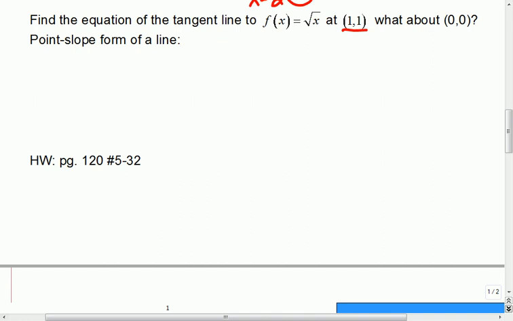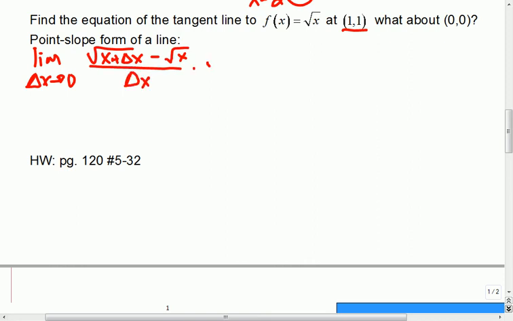Hopefully that makes sense. Okay, so this is hopefully where you were able to come up with: the limit as delta x goes to 0 of square root of x plus delta x, take away square root of x, all over delta x. And hopefully this was the strategy that you decided on.